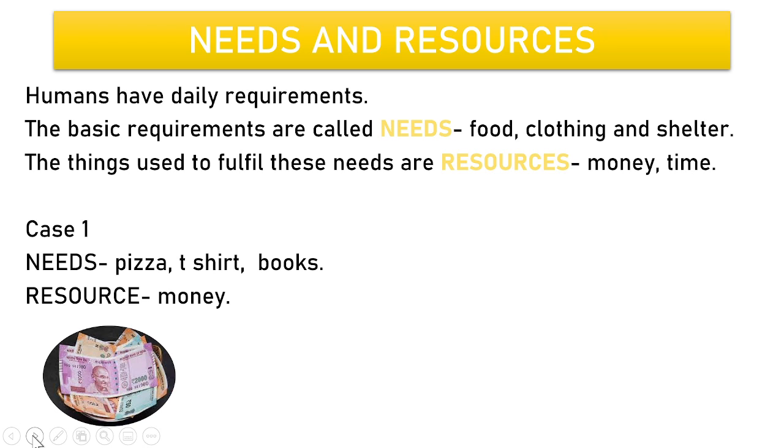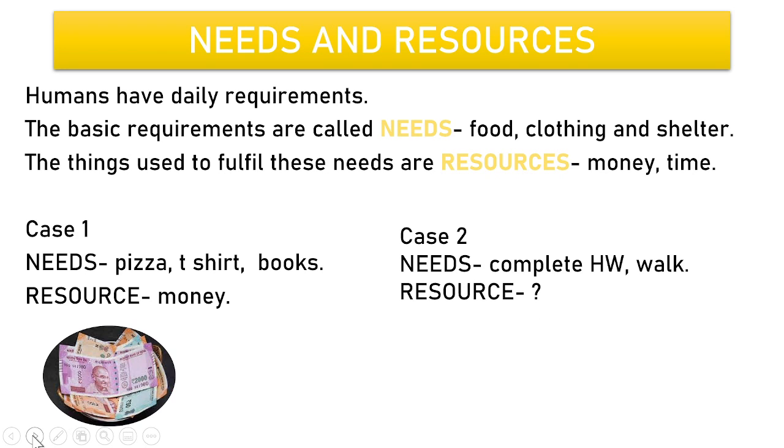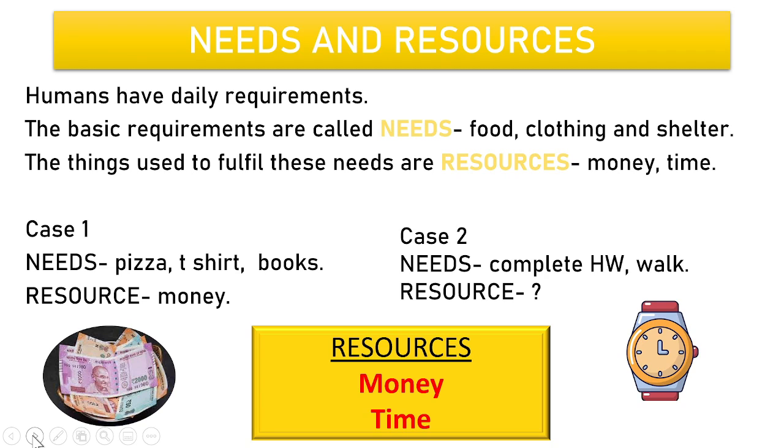And how about case number 2, where our needs were to complete homework or assignment, take a walk, watch a series on OTT, have a chat with friend, go social on the social media, and so on. But the resource was only one, that is time. Correct? So resources are money and time.